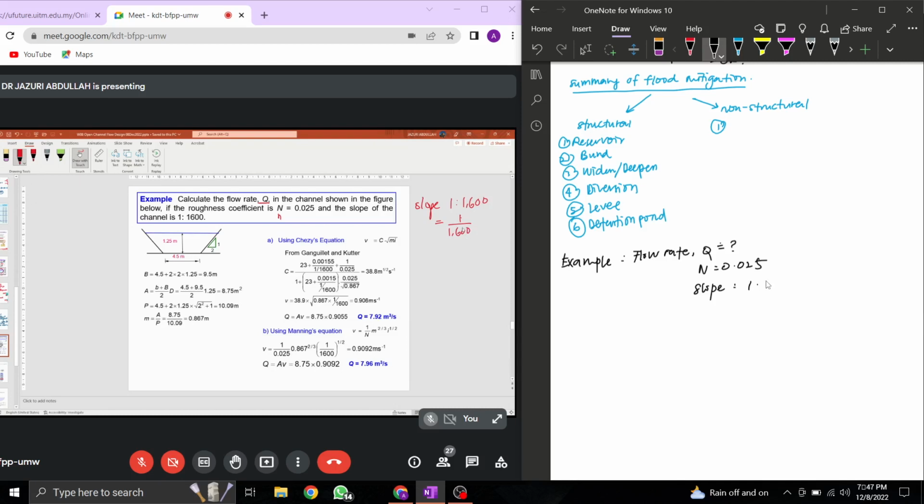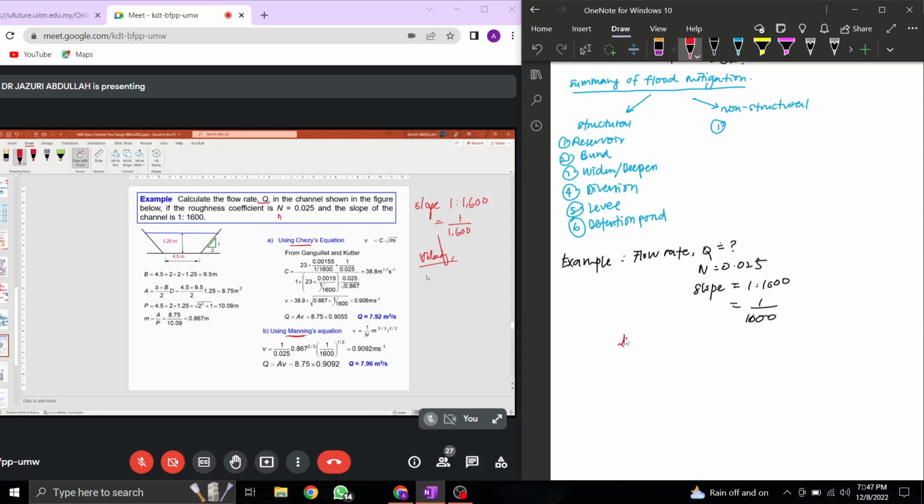Okay, and then first of course kita akan gunakan Chezy punya equation, second kita akan gunakan Manning punya equation. So for the Chezy to calculate velocity, jadi kita ada C, saya selalu come up with the C first.